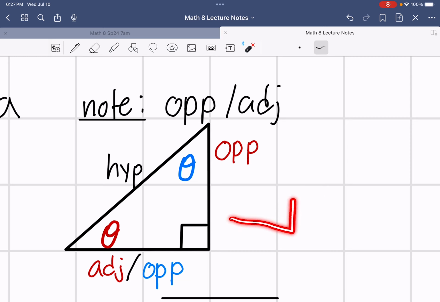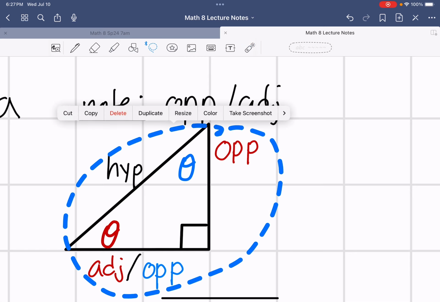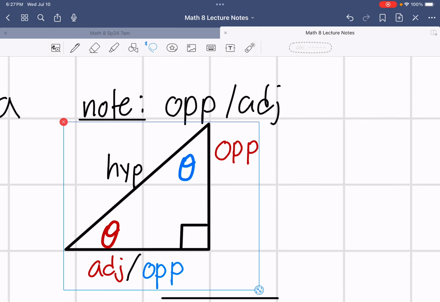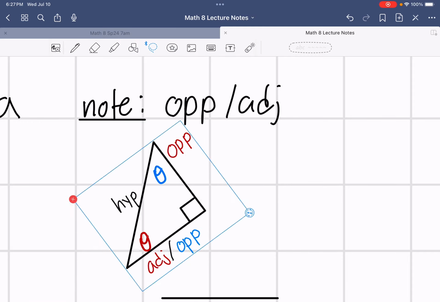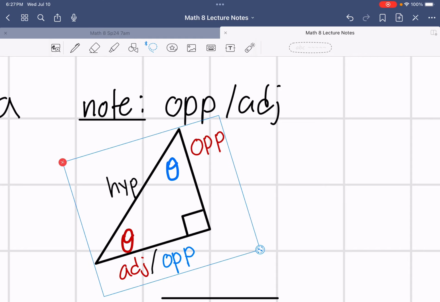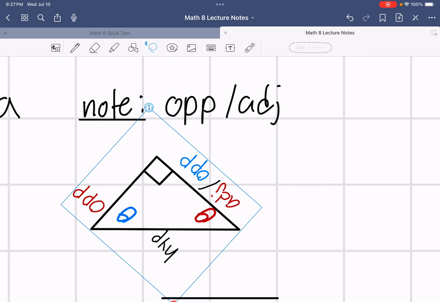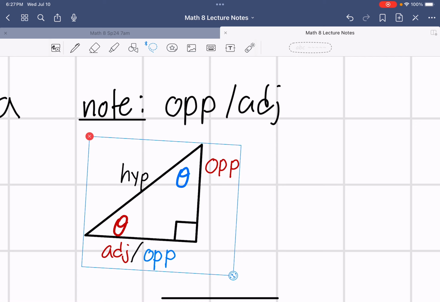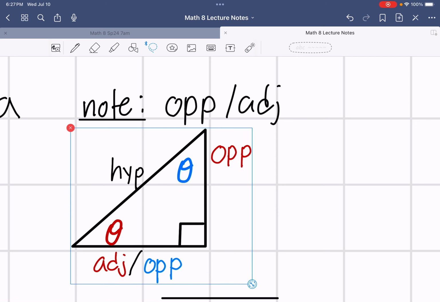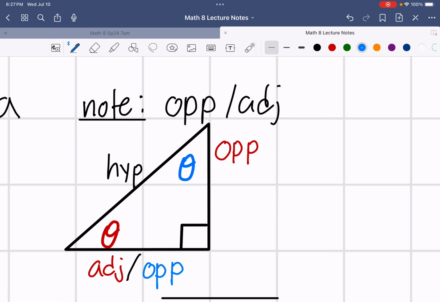There are many variations of placing a right triangle. I can always rotate it. So just to give you an idea, a right triangle can rotate, and it's always a right triangle, and the opposite is always the opposite, adjacent always adjacent, depending, of course, on the angle you're looking at.